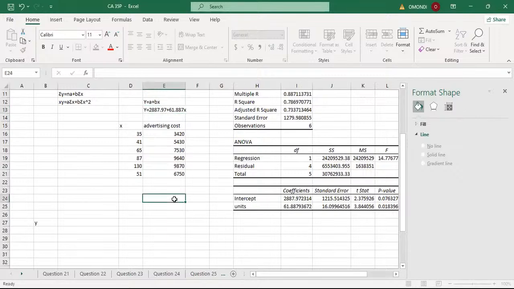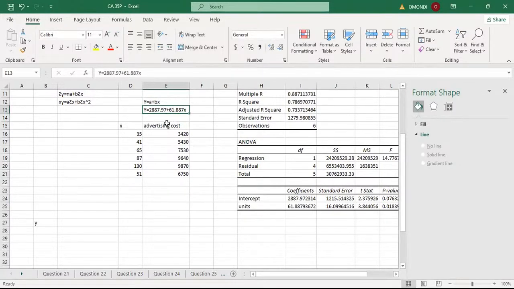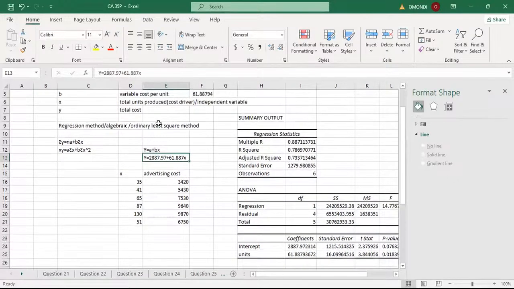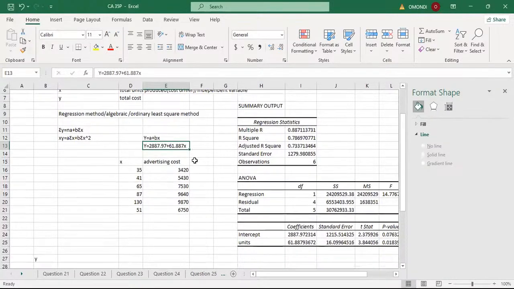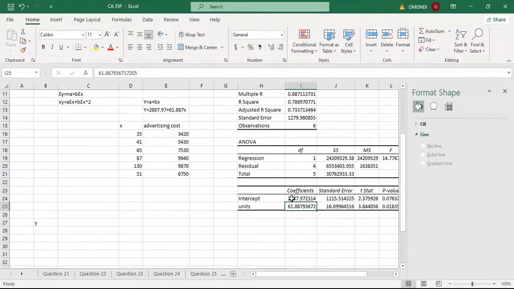So that is the equation which you are supposed to form. Of course, we've seen it in the scattered graph, the same equation, only that the arrangement was different. So if you are told to get the cost function, this is what you are told to do. We already have A and B.